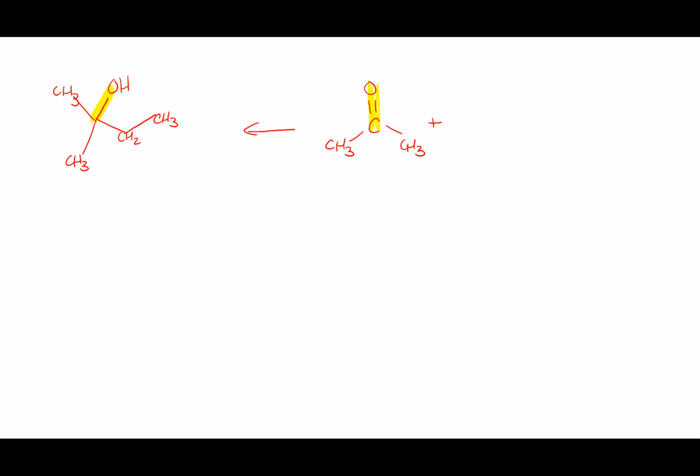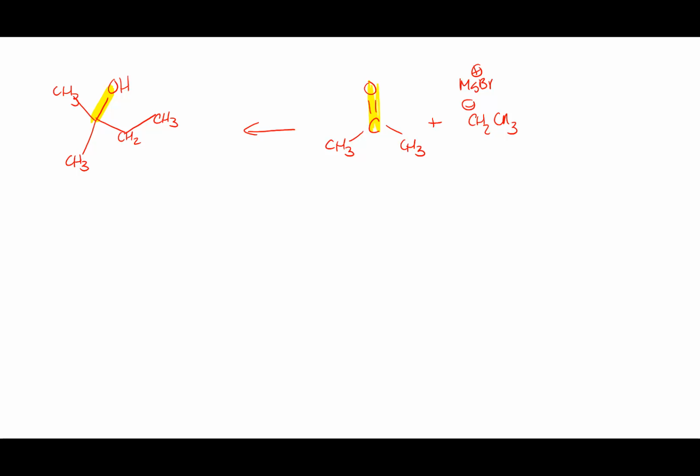So what does a Grignard have to be? CH2 minus CH3. And then of course there would be an MgBr plus, the counter ion to the minus, or a lithium plus, but that's the Grignard I would use.